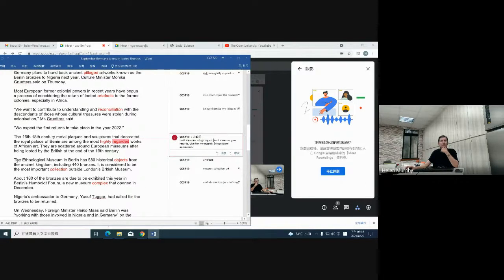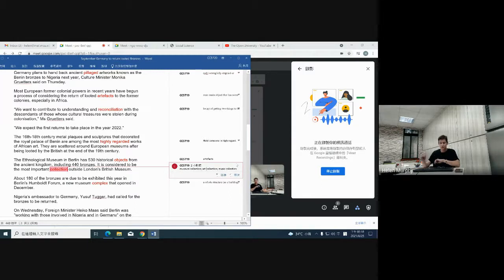The next sentence we have is, the Ethnological Museum in Berlin has 530 historical objects. Remember, we could say objects here, or we could say artifacts from the ancient kingdom, including 440 bronzes. It is considered to be the most important collection outside London's British Museum. So why do we say collection? Well, we can say a collection of anything. You can have a collection of stickers, you can have a collection of cars, okay?